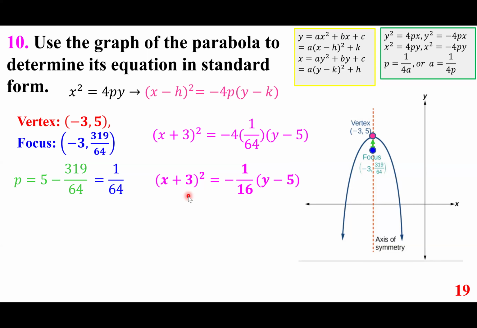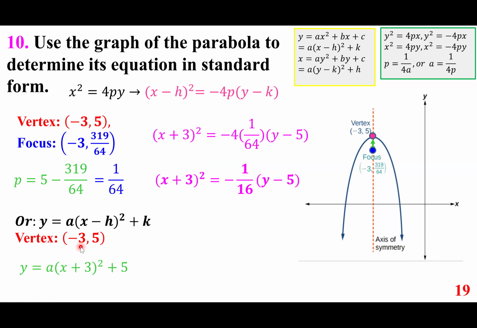Or if we go with y equals a times x minus h quantity squared plus k, with the vertex at negative 3 comma 5 and a being negative 1 over 4p, we have a times x plus 3 quantity squared plus 5.